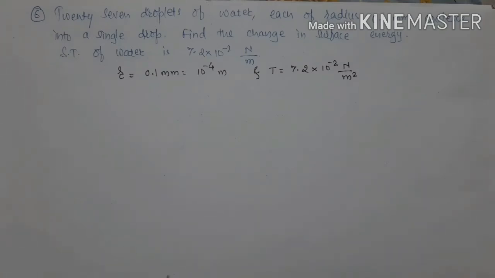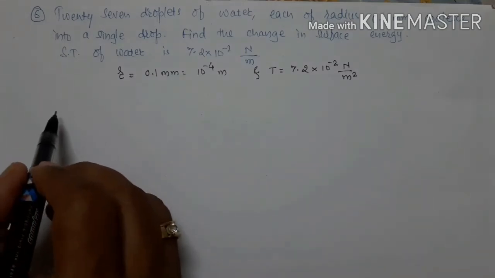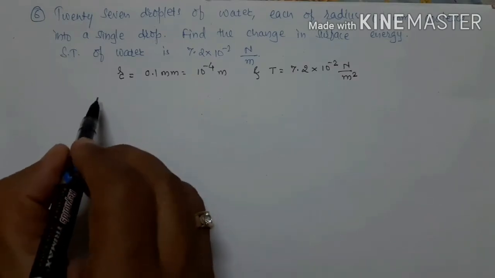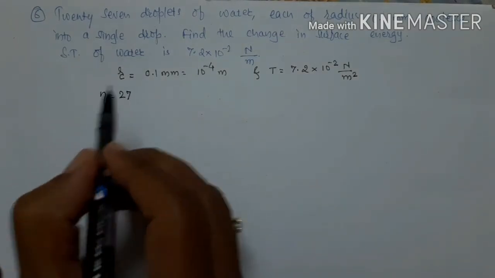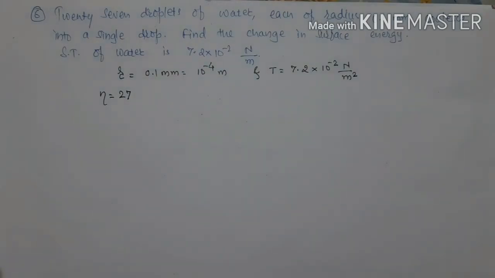Now, 27 droplets means the number of droplets n is equal to 27. They coalesce, meaning they combine together to form a single drop.